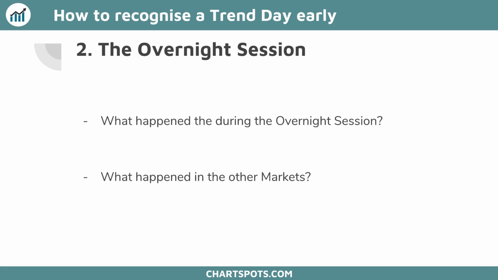So those are all important things to take into account. It doesn't mean when you have a trend day in the European indices, that you will have one in the US. But I do think markets are linked anyhow, so it does increase the probability a little bit.